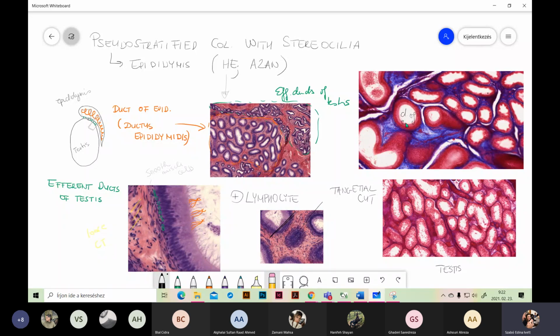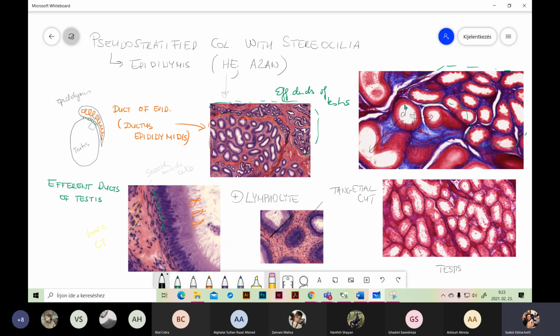This part is the testis, and here you see the duct of epididymis, the nice one. This one, for example, and tangential cut of it. And here you see the ugly one, the efferent ducts of testis. The color was green, and here you see the ugly ones, for example, here.